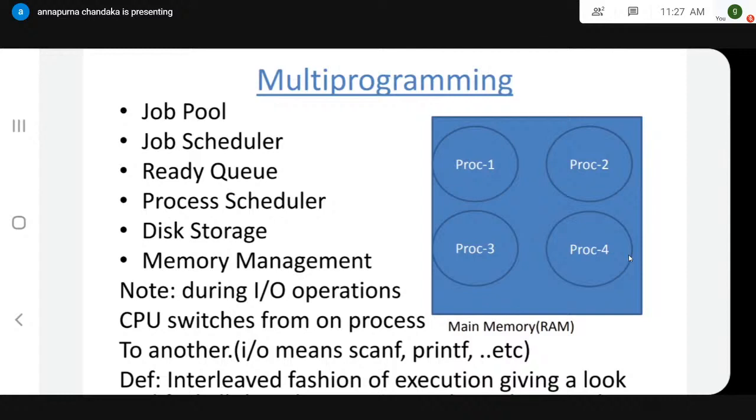Once a program is copied into main memory, it is not called a program, it is called a process. We'll see that discussion at a later stage. In this diagram you find 4 programs. At present I can call them program or process, both are the same. There are 4 programs resident in memory.